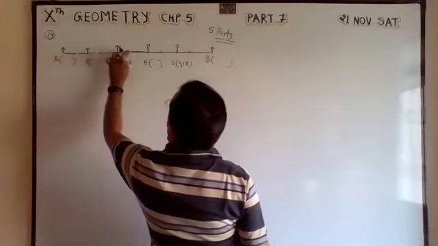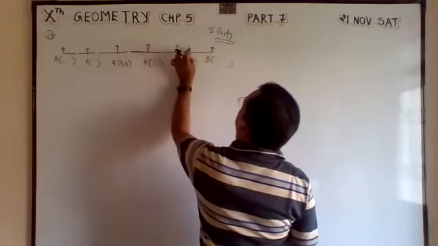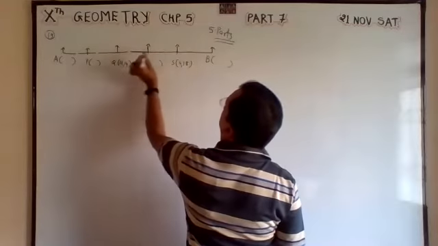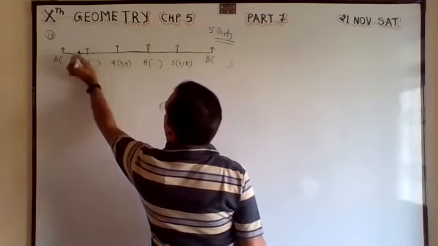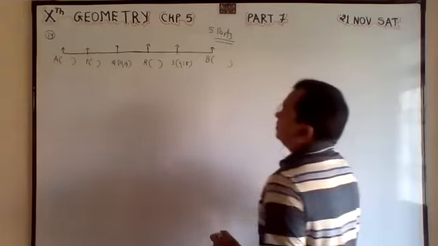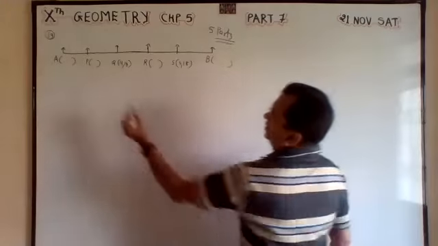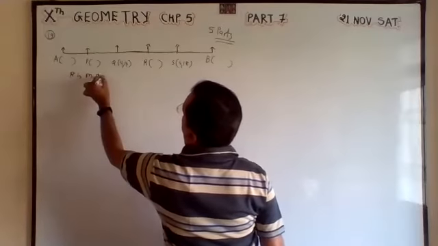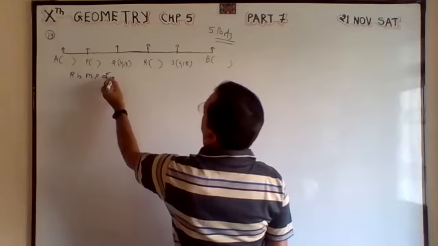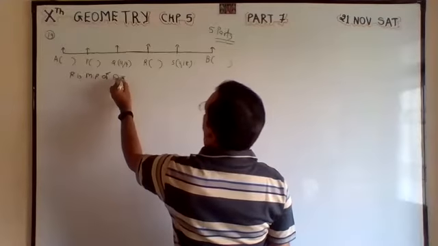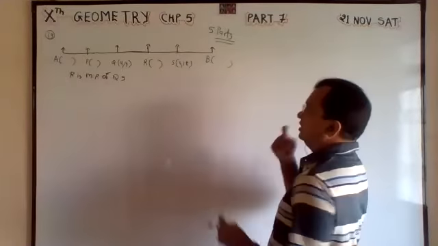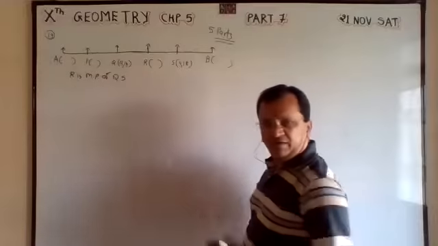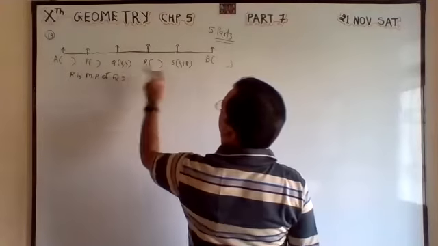These are the equal parts. Now R is the midpoint of QS, because all parts are equal.